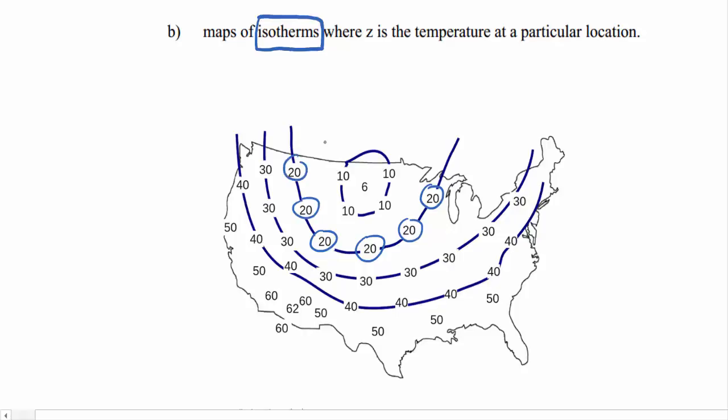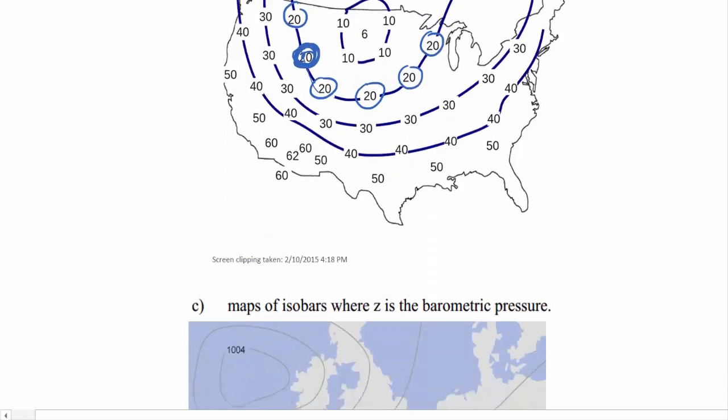But it's still a function of location, right? So for this point in the United States, whatever this point corresponds to, the temperature is 20, so T of x, y would equal 20 degrees. And same thing for every x, y value on this curve. Isotherms, another application of level curves.